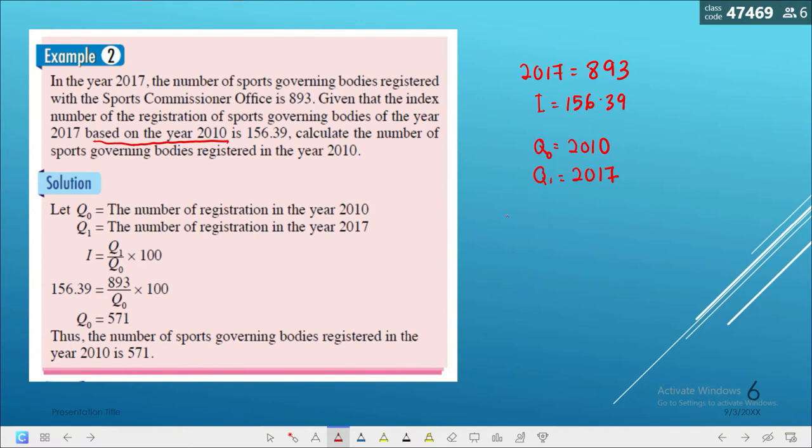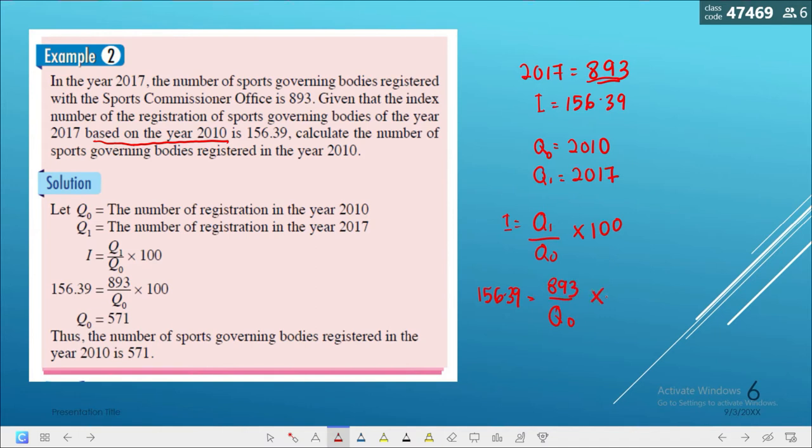Now you put the formula: Q1 divided by Q0 times 100. So the index is 156.39. The base here is 2010, so they need you to find Q0. Your Q1 is 2017, already given here.